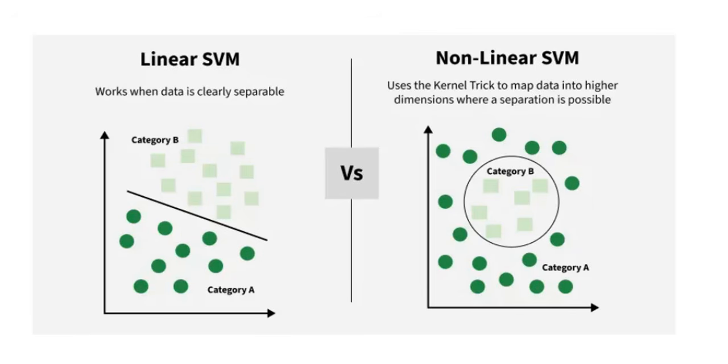For example, suppose we have two classes of students based on their marks and attendance. If a straight line can clearly separate students into two groups, such as pass and fail, then a linear SVM can be used effectively.